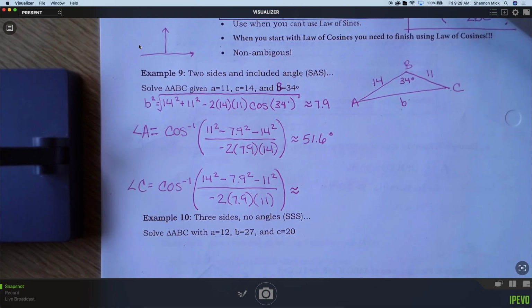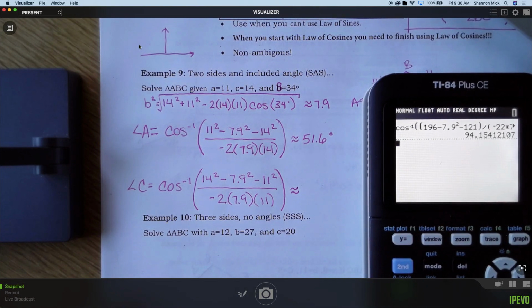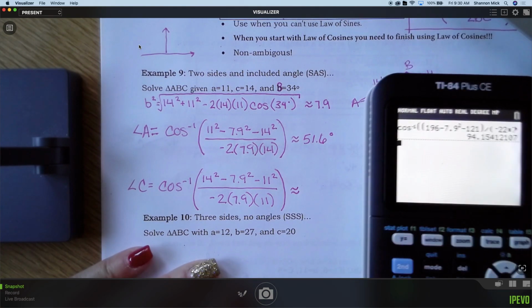So let's see if you can do it. I get approximately 94.2. How about you guys?